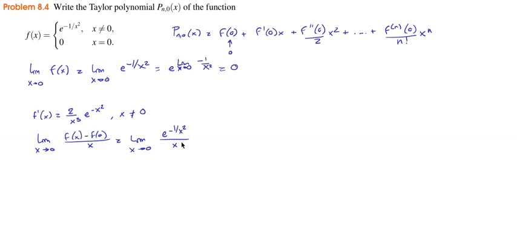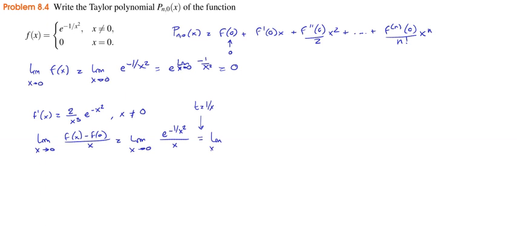So again, we can compute this in many ways. You can compute this using L'Hopital, for instance. If you use L'Hopital here, you get the limit when x goes to 0 of this, right? But in both cases, you need to evaluate this limit, okay? And the idea here is that e to the minus 1 over x squared goes very fast to 0, and the way to show this is to change the variable to t equals 1 over x.